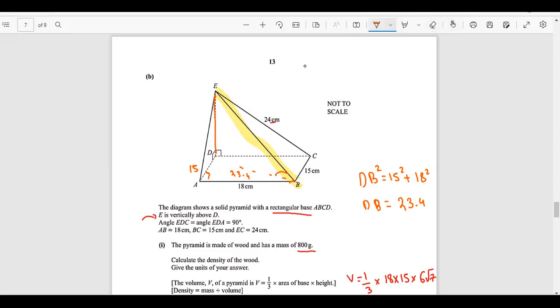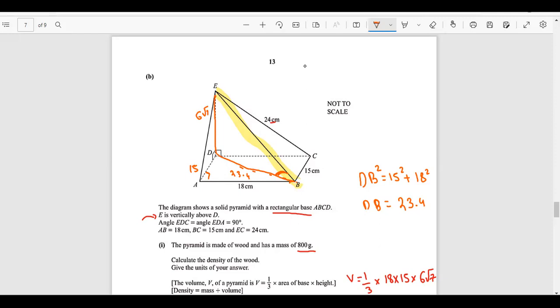Yes, this is your triangle. This is the angle which we are interested in calculating. Can we use trigonometric ratios for this part? Because again, the triangle EDB is a right angle triangle, right?